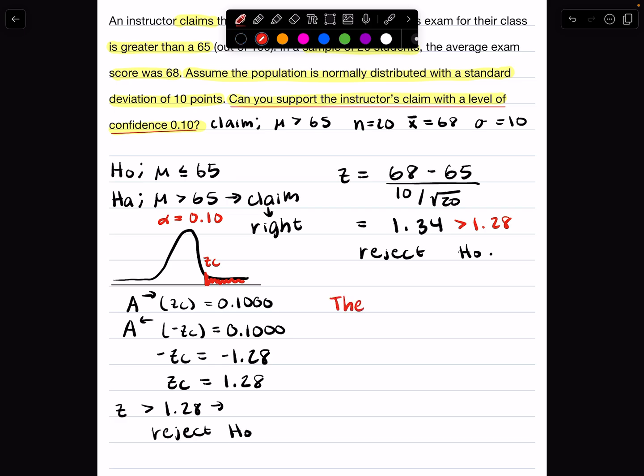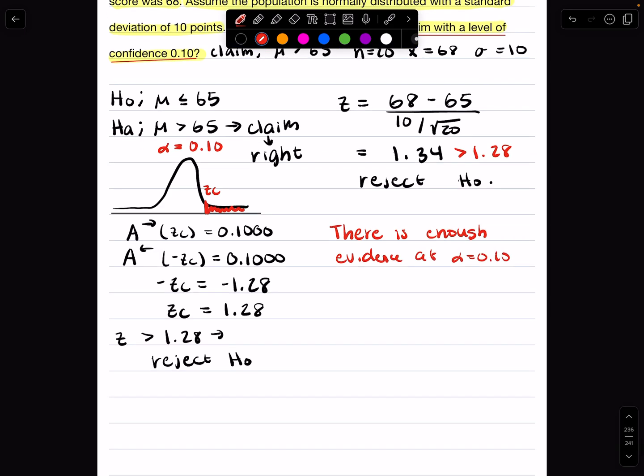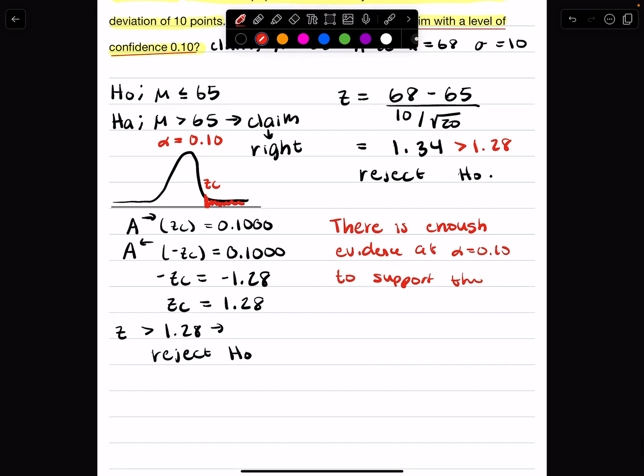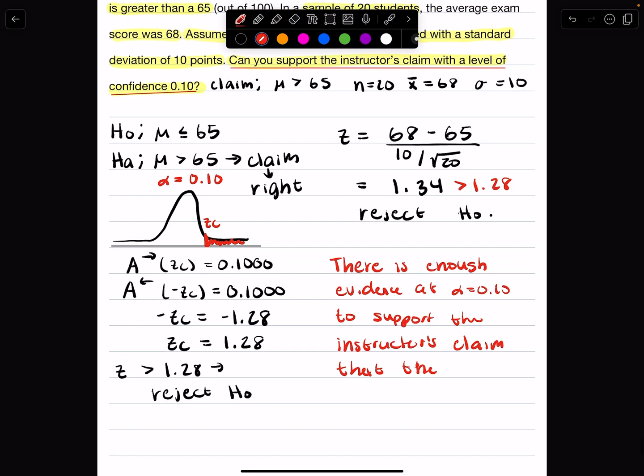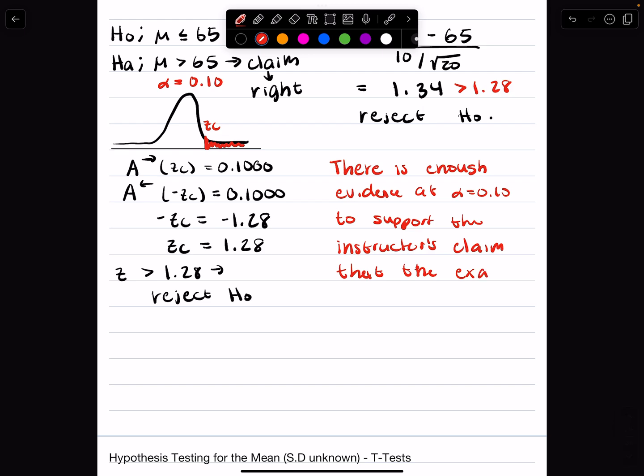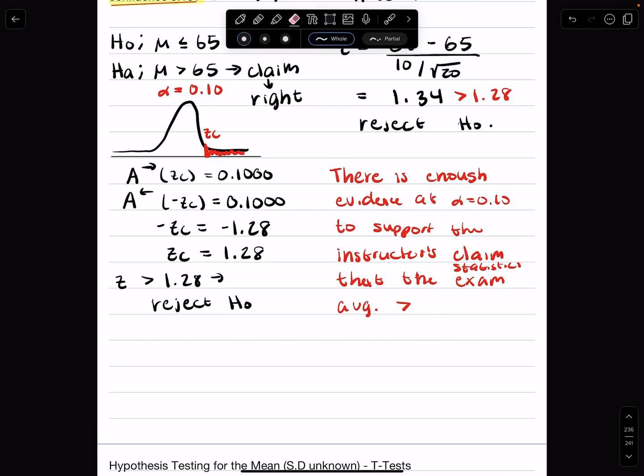We say there is enough evidence at alpha equals 0.10 to support the instructor's claim, or the teacher's claim, that the exam average, maybe specify statistics exam just to stay consistent, is greater than 68, or 65, excuse me. It's greater than 65. And that is our conclusion.